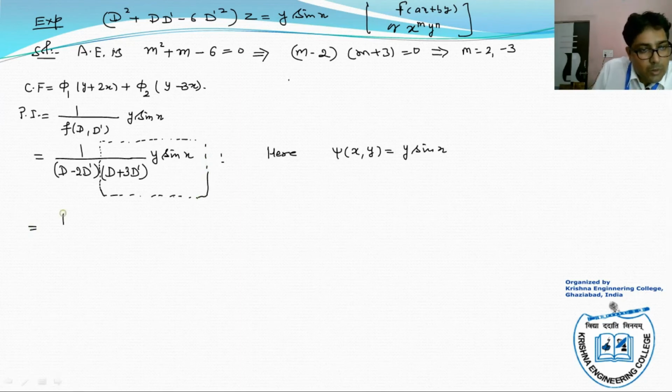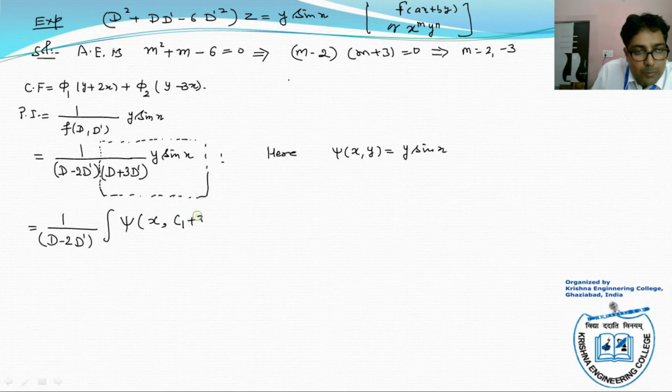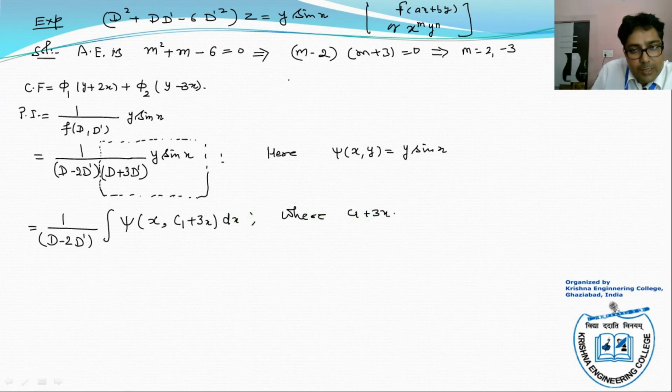So the first factor as it is, D - 2D', and this is integrated: x remains as it is, and y is replaced by c1 + 3x, into dx, where c1 + 3x is equal to y. Clear?